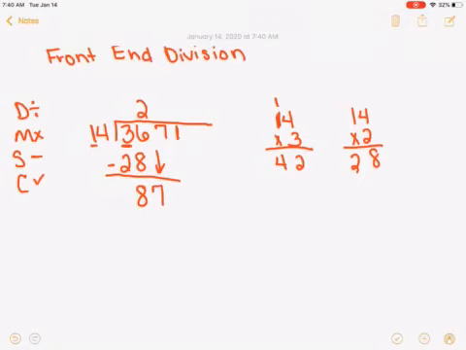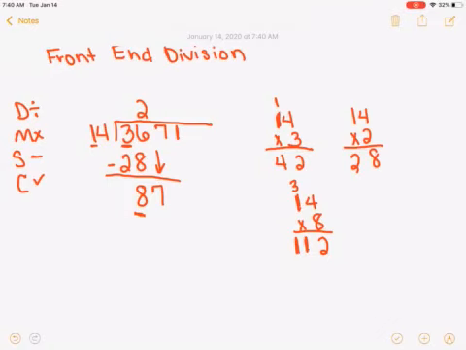Okay, so we're back to front end estimation again. Okay, so now we want to see how many times this 1 can go into this 8. So technically we could say 8 times. But I think I'm going to go down 1 just in case. Okay, so 14 times 8. That's 112, so that's clearly too much.